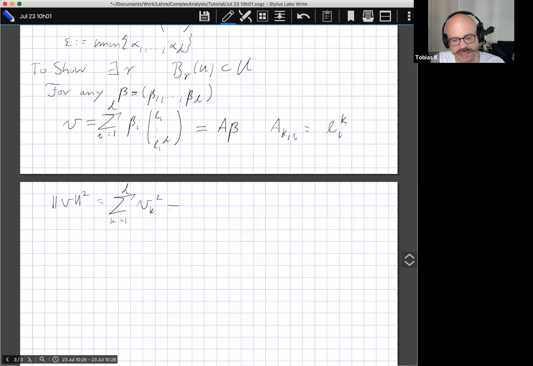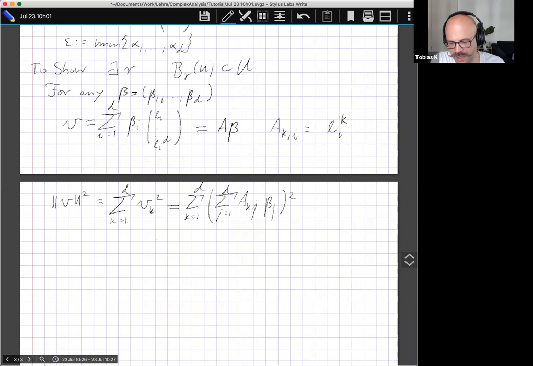And so if I put that in here, I see that I get the sum k equal 1 to d, then I get another sum j equal 1 to d of A_{k,j} beta_j, and I get this squared.